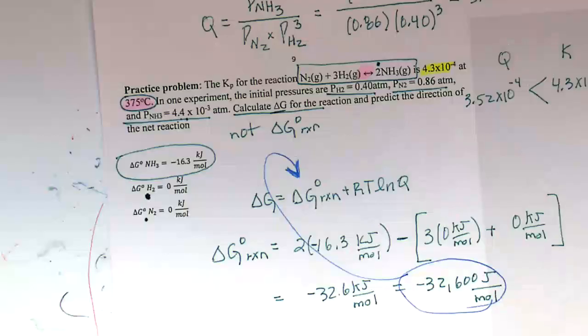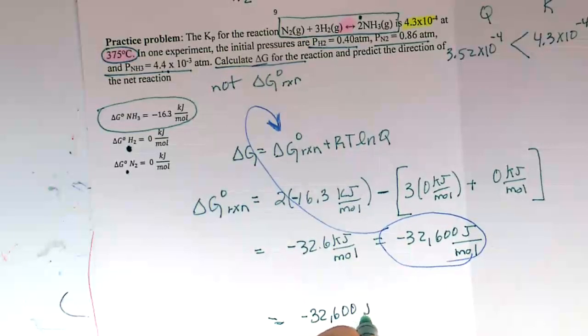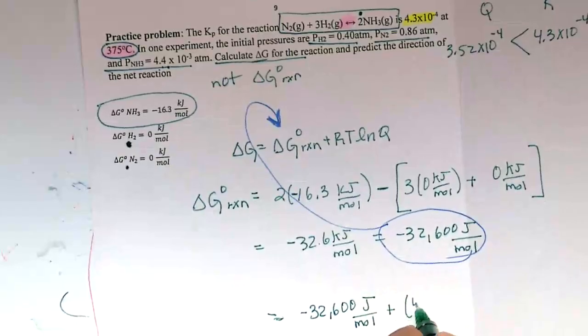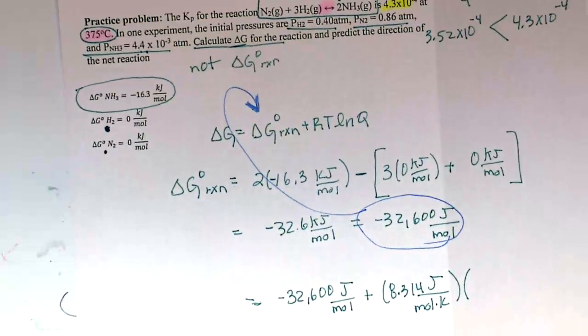Let's plug that in here. Minus 32,600 joules per mole plus R, 8.314 joules per mole Kelvin, times T. What is our T here?